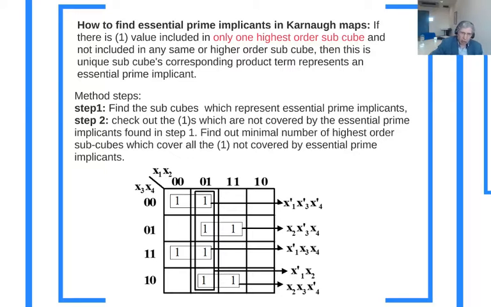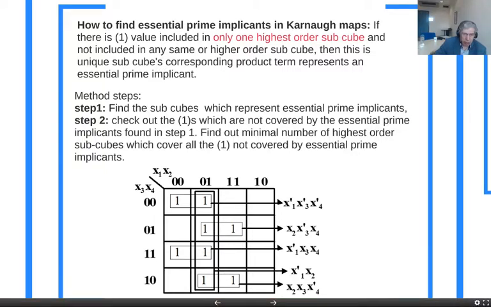Look at this function now. It has got 8 ones in it. And there is a subcube here, a second order subcube. This bold line tells me this, you see that one here, as the second order subcube corresponding product term.